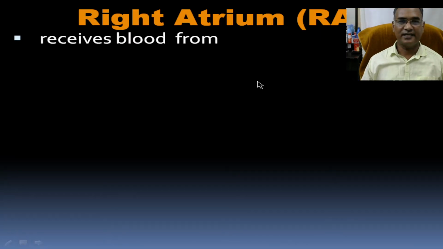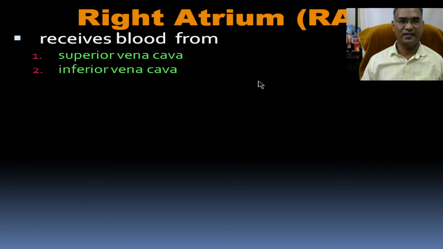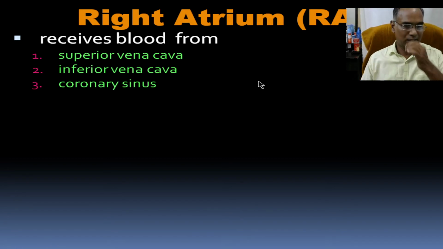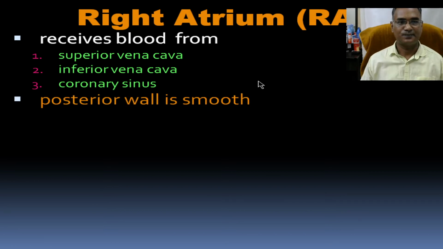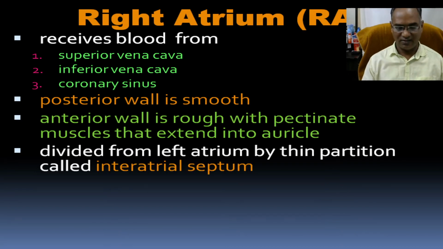So your right atrium receives the blood from the inferior vena cava and superior vena cava, and from the heart it is the coronary sinus. So the right atrium is responsible for collecting deoxygenated blood from throughout the body, from the upper portion and lower portion, through the superior and inferior vena cava.